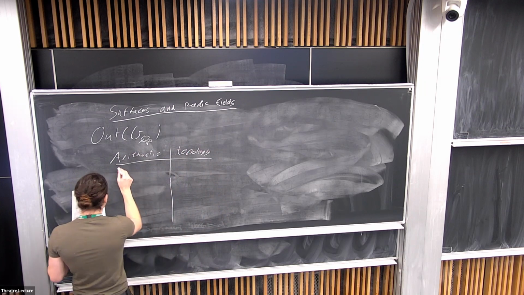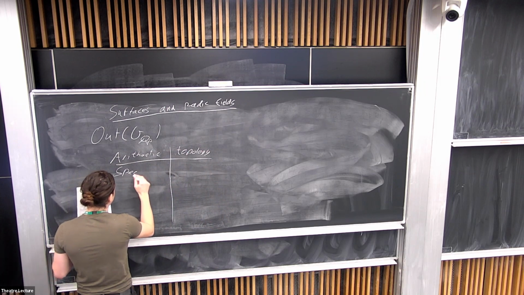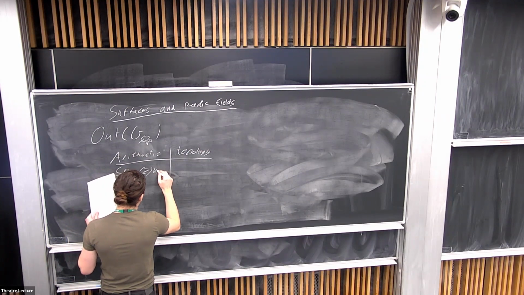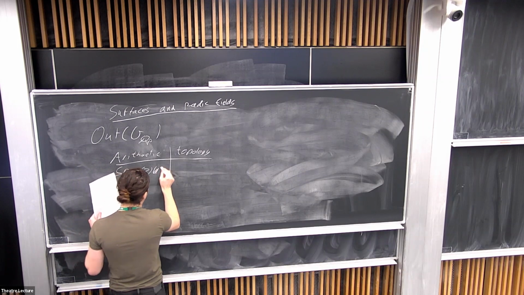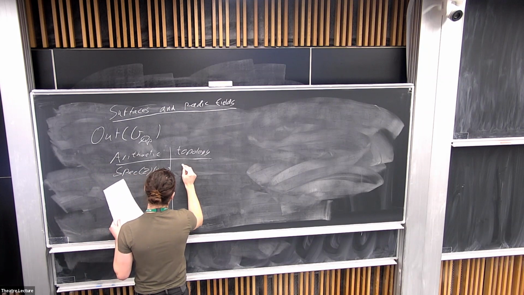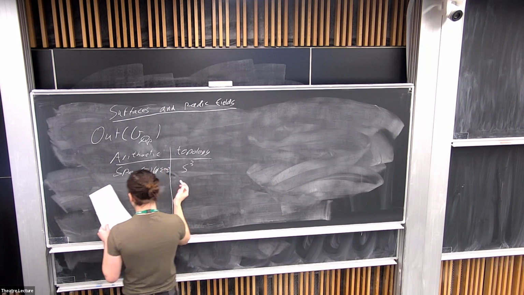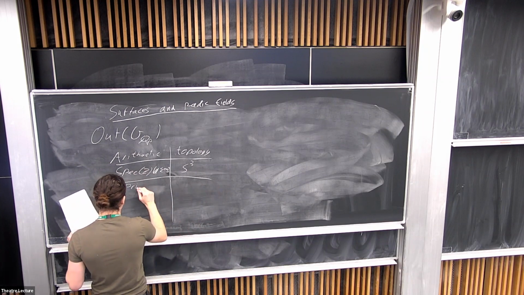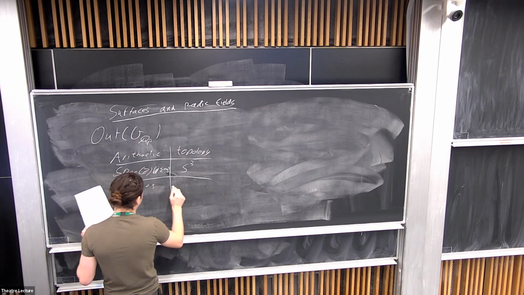Under this analogy, if I have Spec of a number ring, then this should correspond to some 3-manifold, or S^3 vaguely. And primes should correspond to knots.